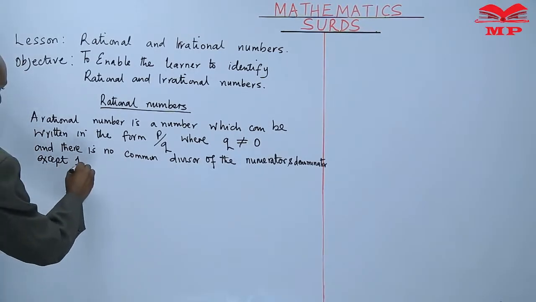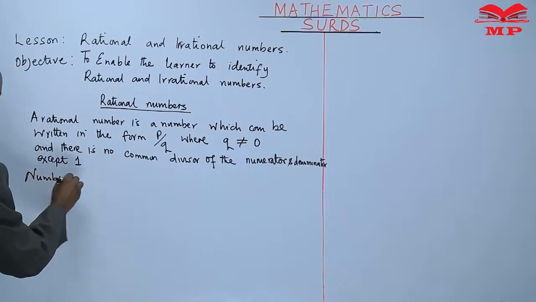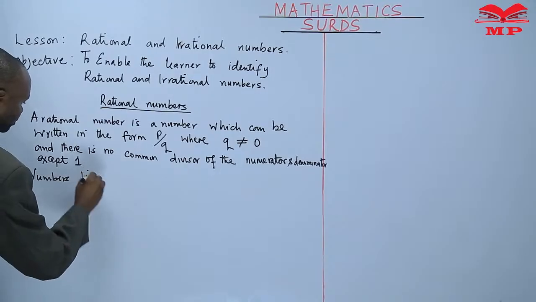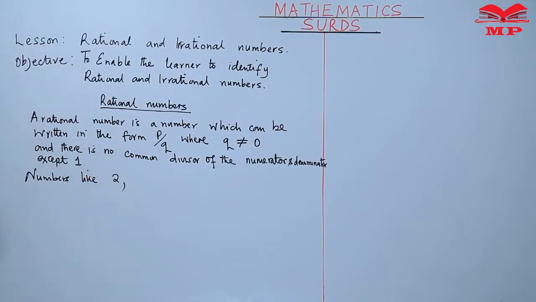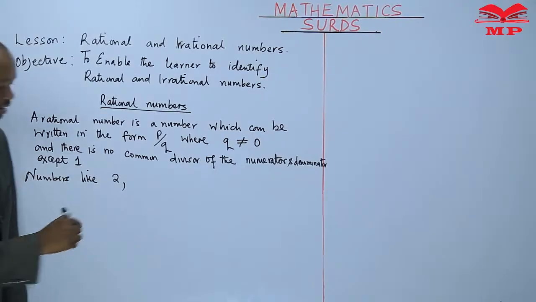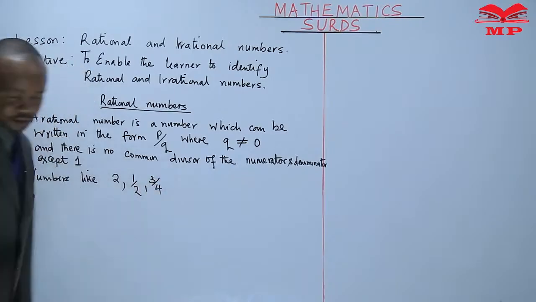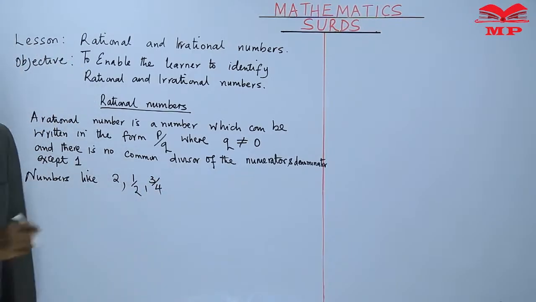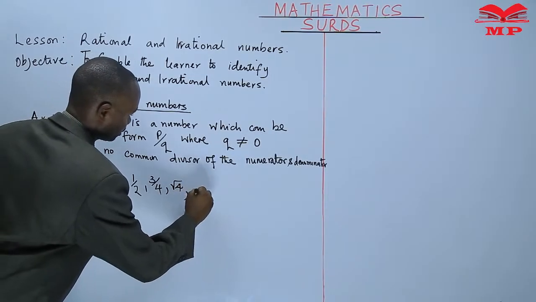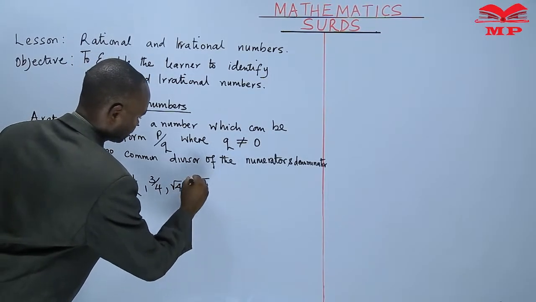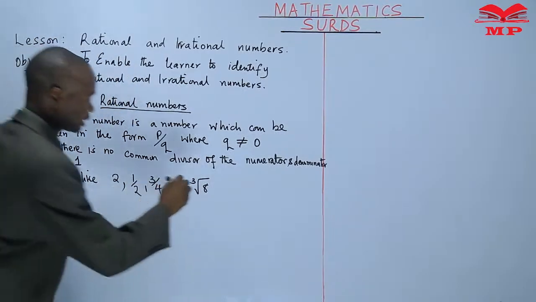So numbers like 2, a half, 3/4, square root of 4, cube root of 8 are rational numbers, are examples.